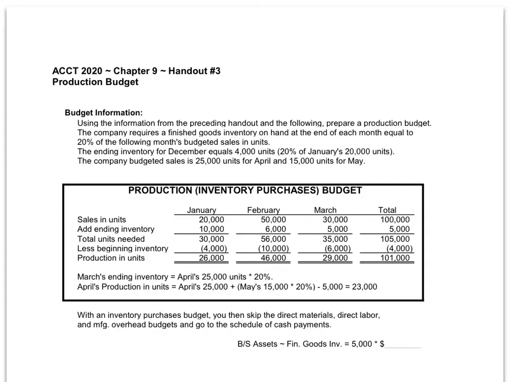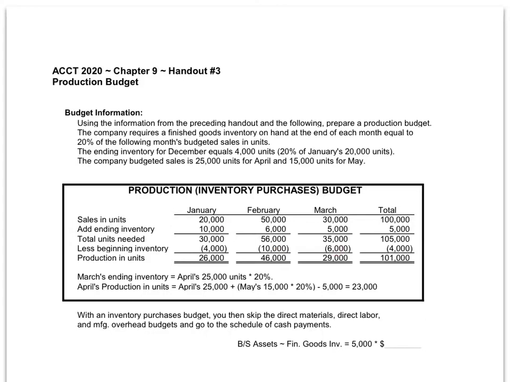Now, the ending inventory from the previous month becomes the beginning inventory. So the ending inventory from January becomes February's beginning inventory. And the ending inventory from February becomes March's beginning inventory.